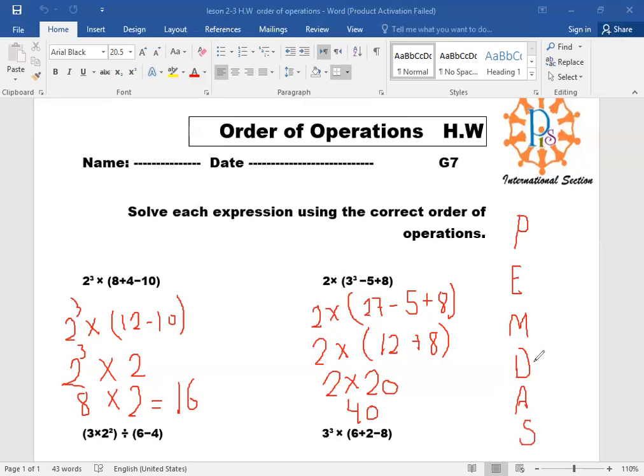I said that multiply and divide are one family. Which one comes first? From the left hand you have to work. Add and subtract are the same, they are one family. Which one comes first? You work from left to right. So this is our lesson 2, 3, and that's it. Understood, Hassan?